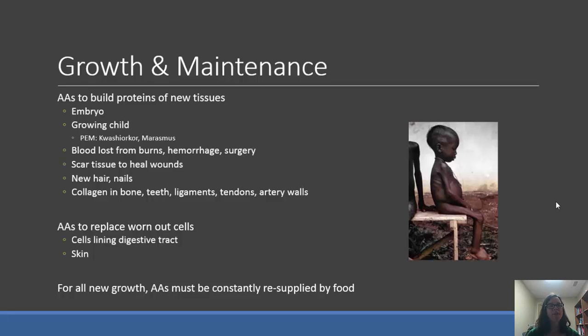Other needs for growth and maintenance occur when we need to synthesize blood that's lost when we have an injury, such as a surgery or a burn or a hemorrhage, also to heal wounds. We need protein for regular hair and nail growth, and for maintenance of our bone, teeth, ligaments, tendons, and arteries, because we need collagen.